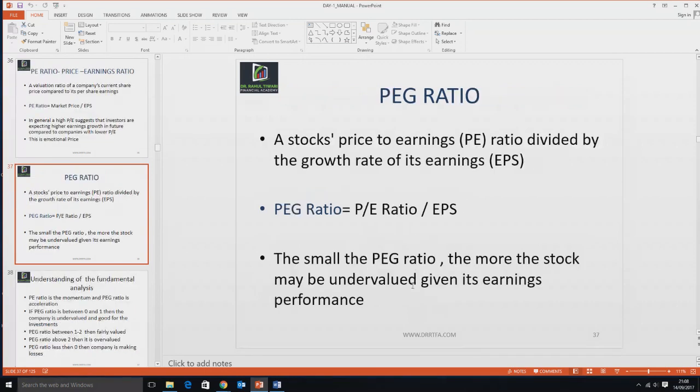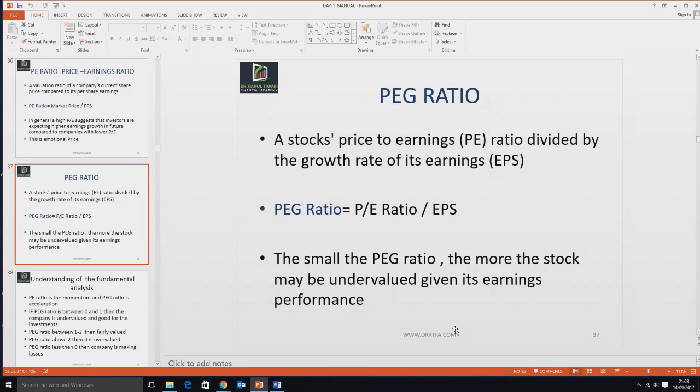Now the third ratio is the PEG ratio, and the PEG ratio is calculated from your PE ratio. And how can the PE ratio be calculated? Market price by EPS, and the PEG ratio is PE ratio by EPS growth. So it's very easy. I'm just refreshing it.